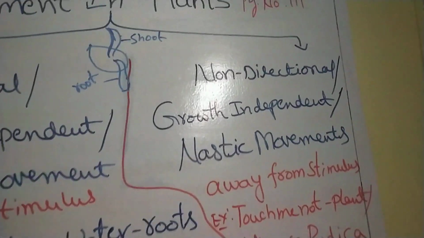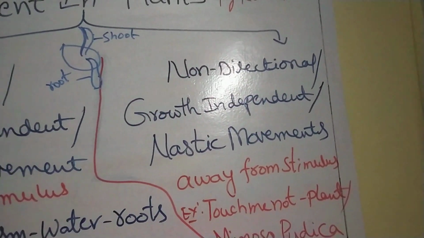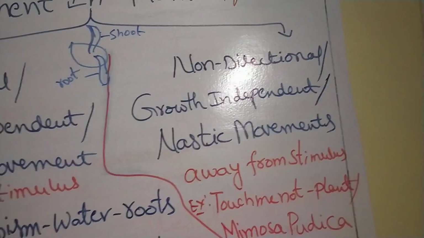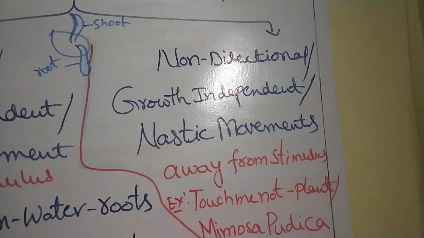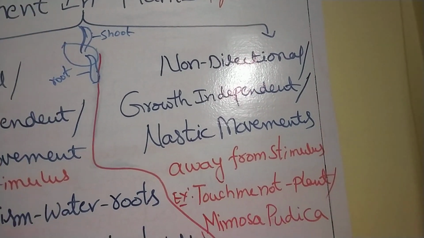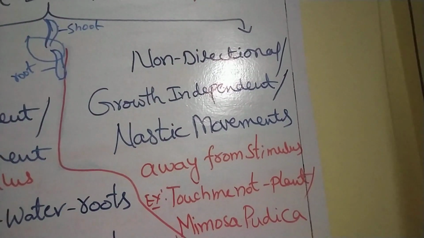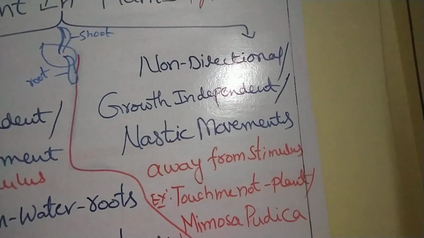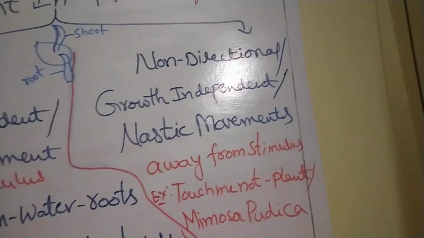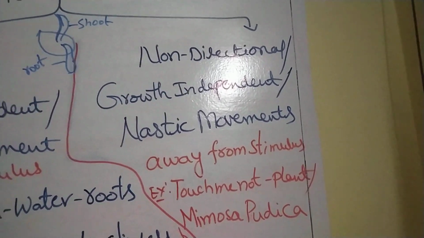The second type of movements are called non-directional movements. They are not moving towards or away from the stimulus. They do not have any direction, and they are not useful for the growth of the plant. So this type is called growth independent movement and also nastic movements.